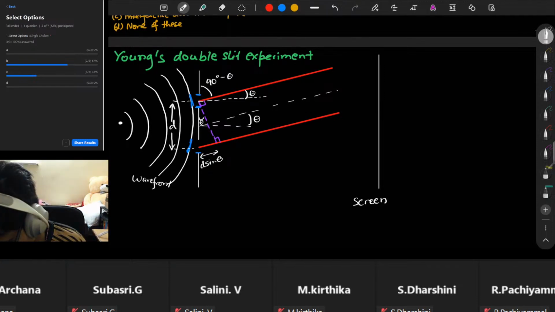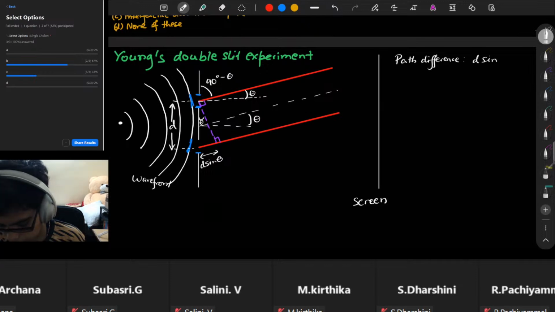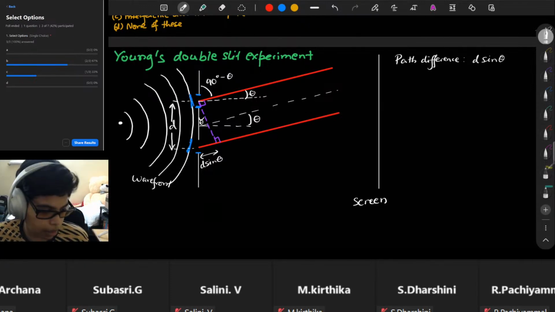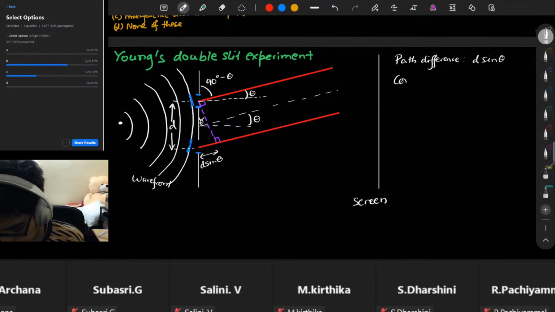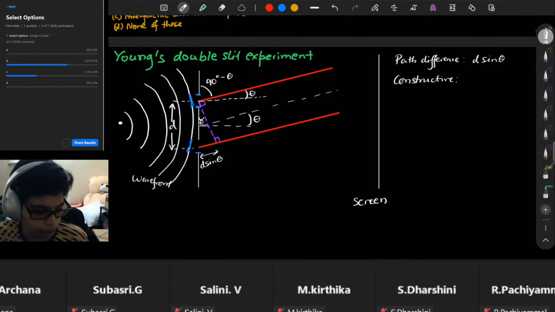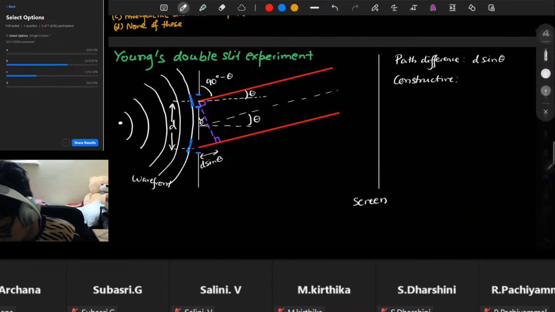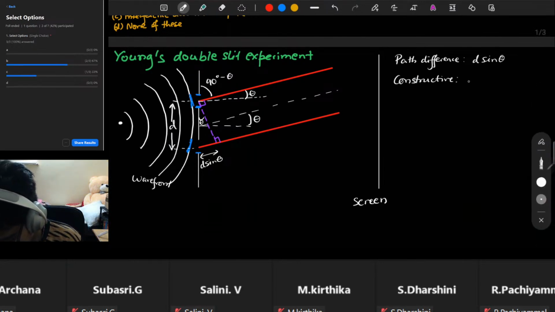So your path difference is d sine theta. So for constructive interference, what is the condition? For constructive interference, path difference should be an integral multiple of wavelength. So d sine theta equals m lambda.